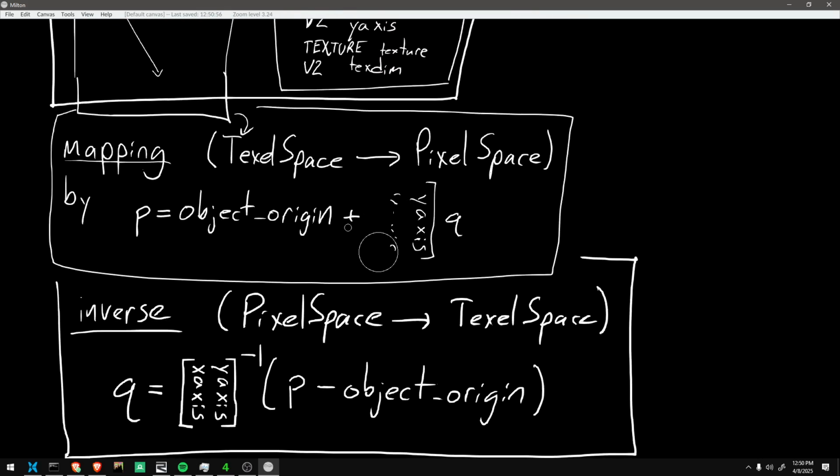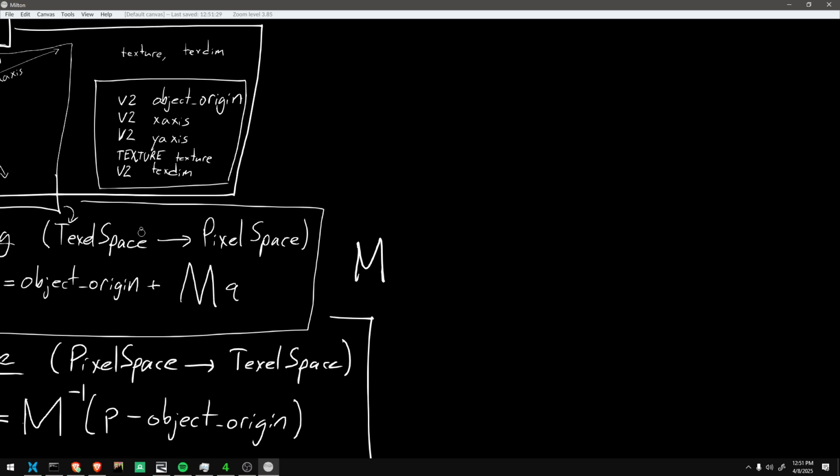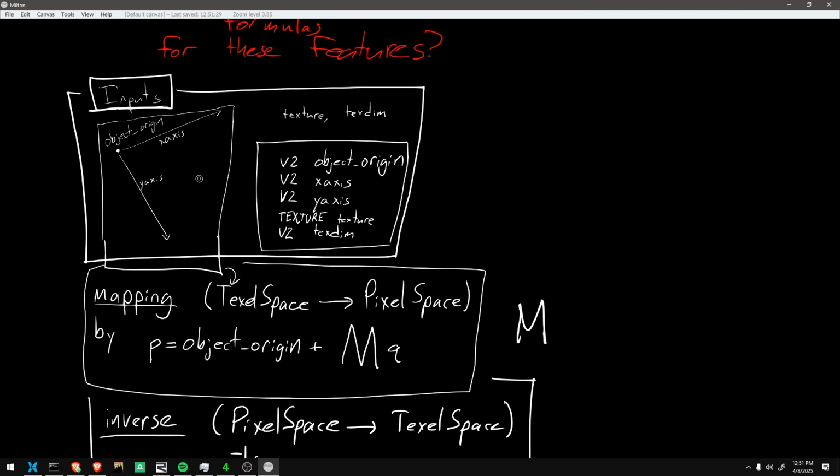So let me replace this with a matrix we'll call M, and this is also replaced with M. The problem is that what I was giving wasn't a mapping from a texel coordinate to a pixel.